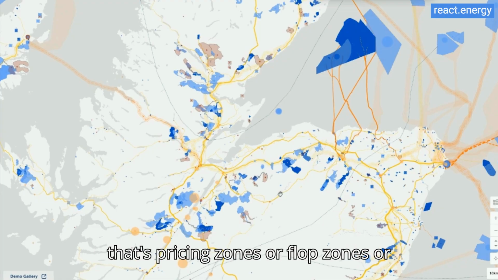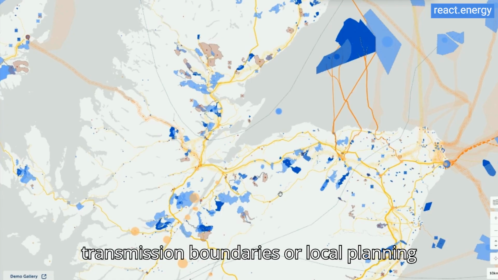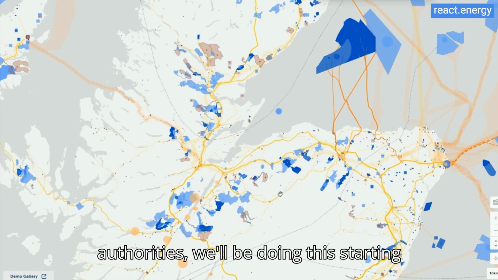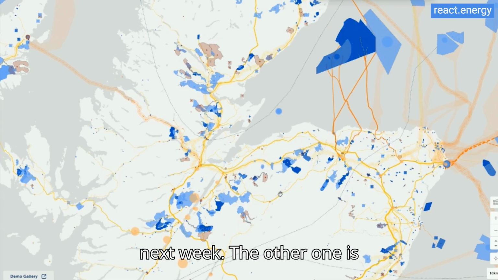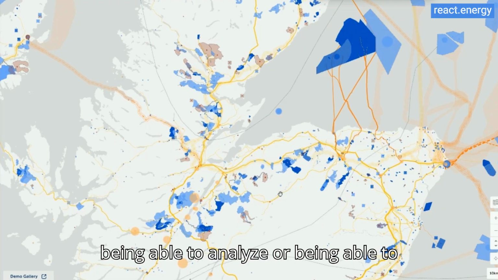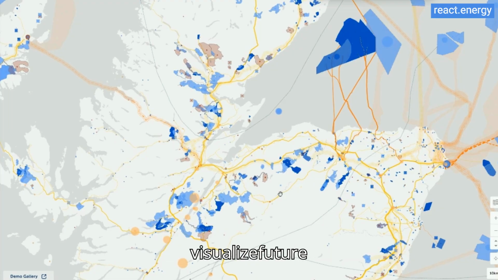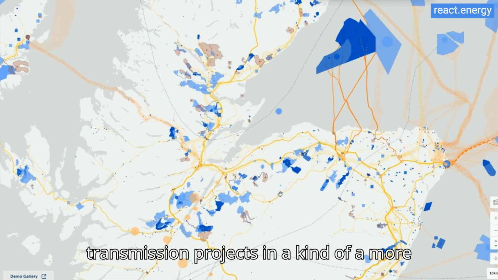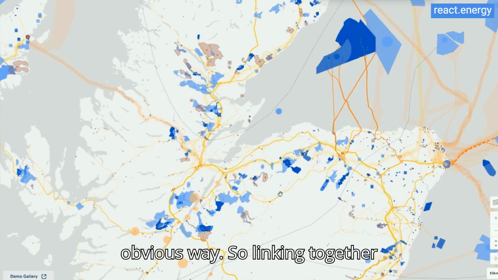So whether that's pricing zones or flop zones or transmission boundaries or local planning authorities, we'll be doing this starting next week. The other one is being able to visualize future transmission projects in a more obvious way.